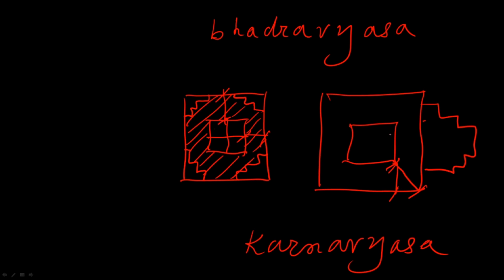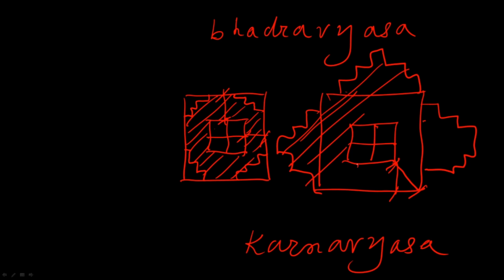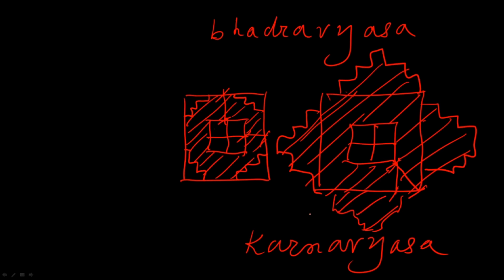So, the Karna maintains this proportion of being half the size of the sanctum, and you can build up many kinds of projections on the outside, and therefore, these temples are naturally much larger as you have these projections, and they lead to very interesting kinds of building forms.